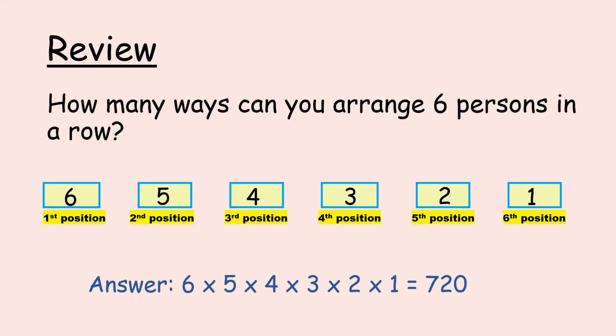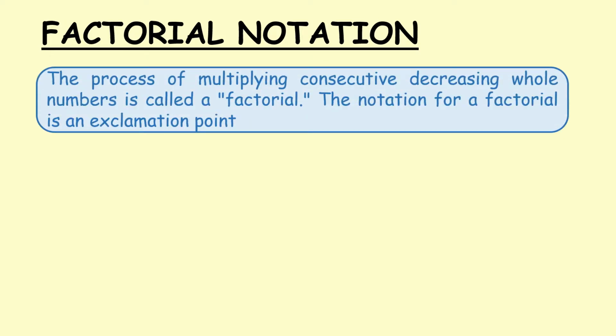There's another way of writing this set of numbers, and that will be our lesson for today, which is factorial notation. There are several definitions of factorial notation, and here are some of them. The process of multiplying consecutive decreasing whole numbers is called a factorial. The notation for a factorial is an exclamation point.